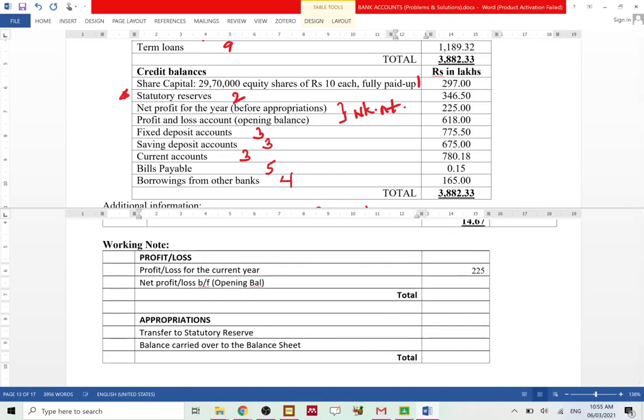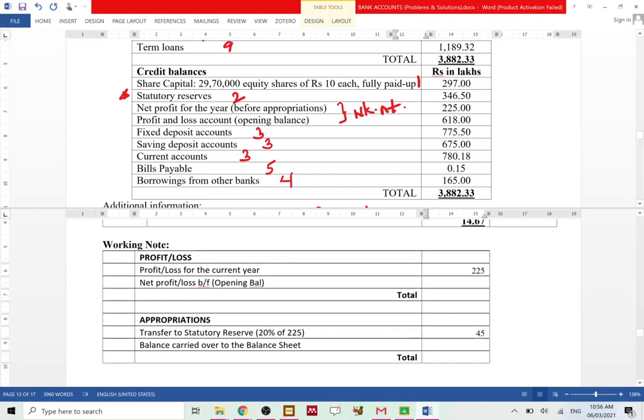We transfer some amount of the current year's profit, not the total. Only the current year's profit, we transfer it to the statutory reserve. And even in the absence of any information, you should always consider 20% of current year's profit, that is 225, and transfer it to the statutory reserve. Alright. So 20% of the 225 is 45 and this is the amount that is going to get transferred.